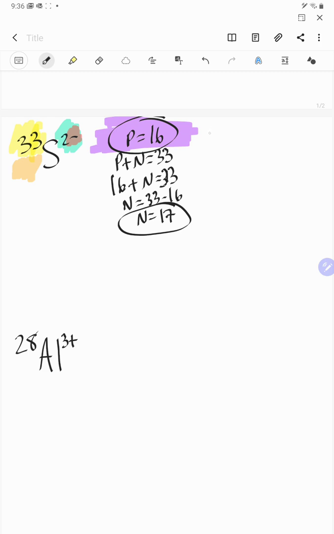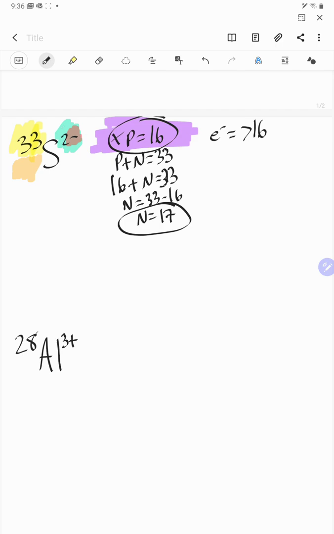So if the number of protons is 16, and there are more negative charges than positive charges, remember protons are positive, then we know that the number of electrons is greater than 16. So we know that there are more electrons than protons. All right, one step further, how many more electrons than protons? Well, let's look at what the charge is.